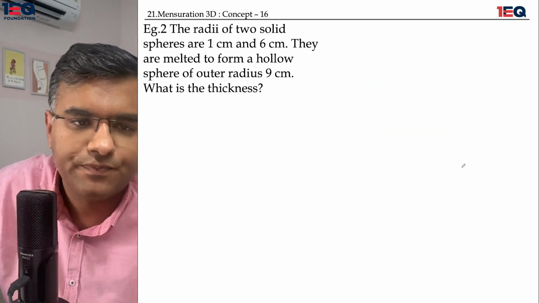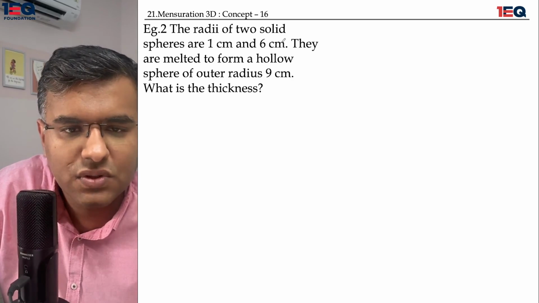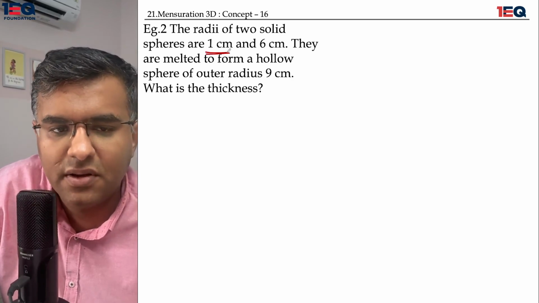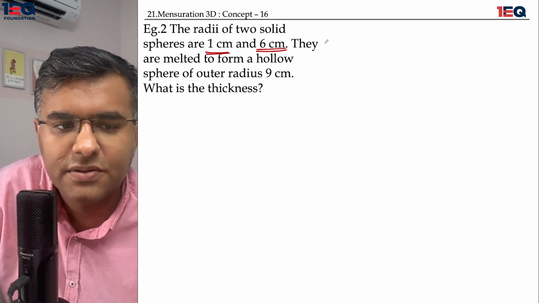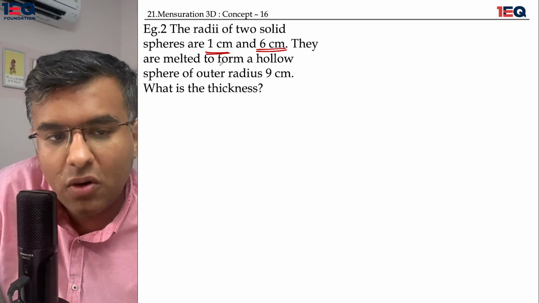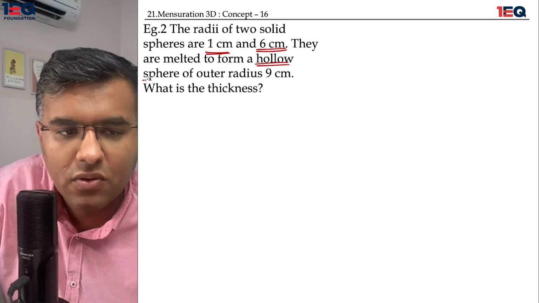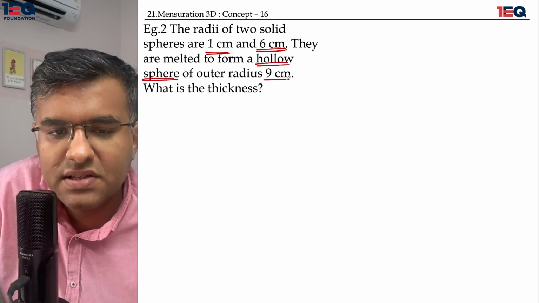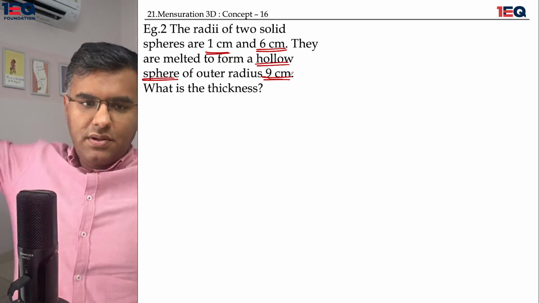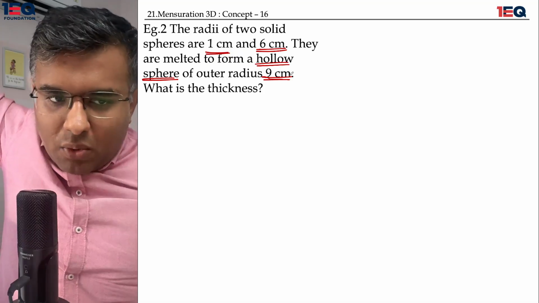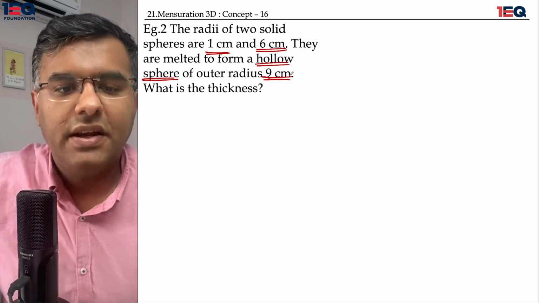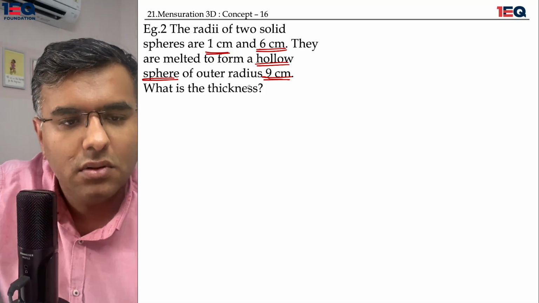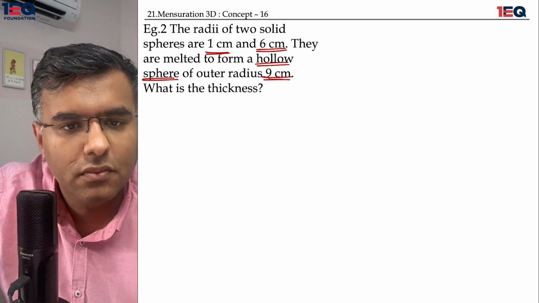Going ahead, the radii of two solid spheres are 1 centimeter and 6 centimeters. They are melted to form a hollow sphere of outer radius 9 centimeters. I just need to find out the inner radius.